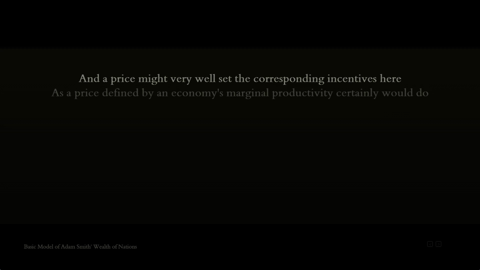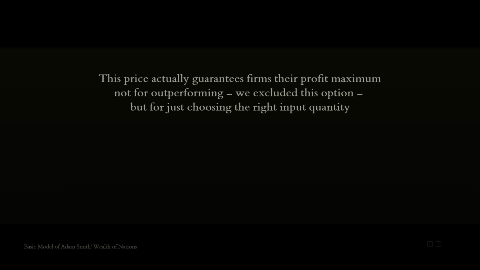And a price might very well set the corresponding incentives here, as a price defined by an economist's marginal productivity certainly would do. And this price actually guarantees firms their profit maximum, not for outperforming. We excluded this option, coming up with new production technologies or reorganizing your firm, but for just choosing the right input quantity.